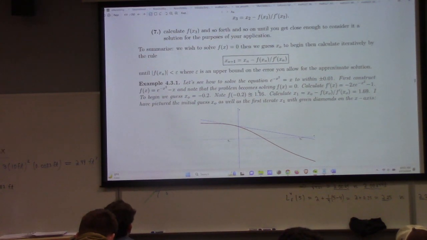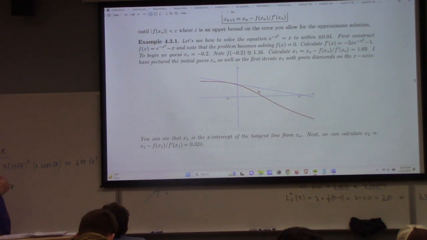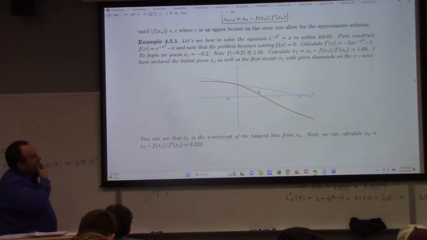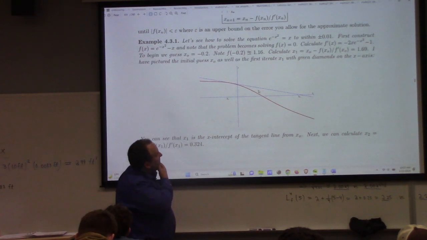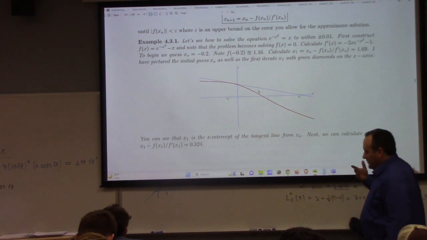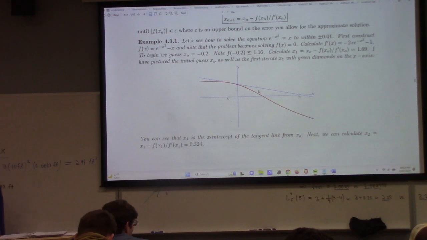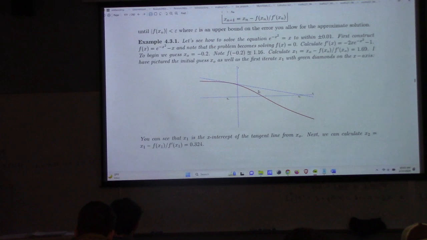And here is the function e to the minus x squared. So what I'm doing here actually is I'm solving. The first order of business in these kinds of problems is often to create the function. If we're solving the equation e to the minus x squared equals x, what's the function that we're actually interested in? See this?